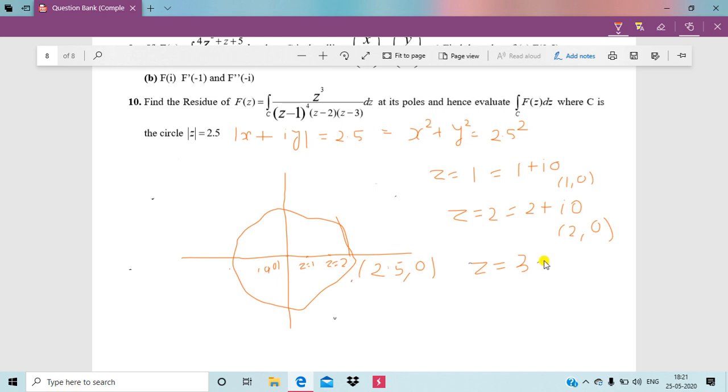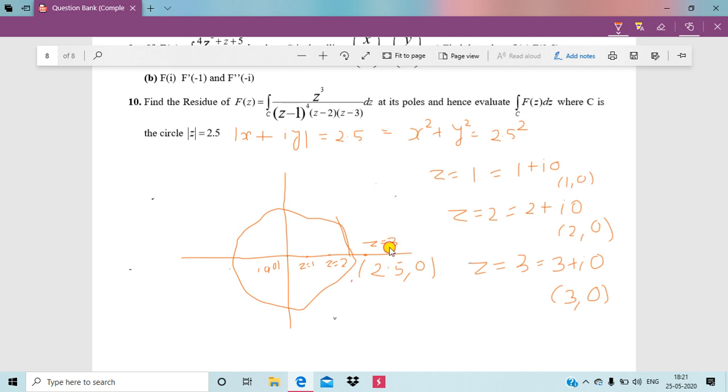And next is z is equal to 3. Z is equal to 3 means 3 plus i0, which is 3, 0. Since the radius is 2.5, this is the point 3, 0, which is z equal to 3.